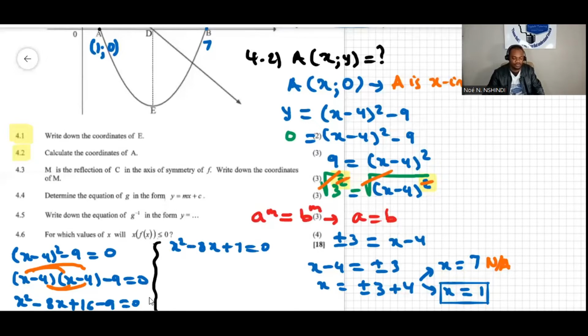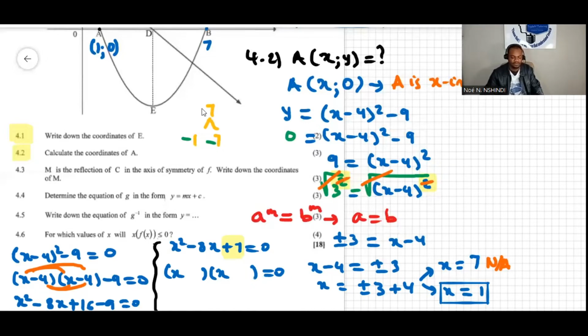Now over here, we can also factorize. We consider the constant term, positive 7. The factors of 7 are just 1 and 7. Now, to get negative 8, the coefficient of the middle term, this is possible with minus 7 and minus 1, because minus 1 minus 7 makes minus 8, and minus 1 times minus 7 makes positive 7.